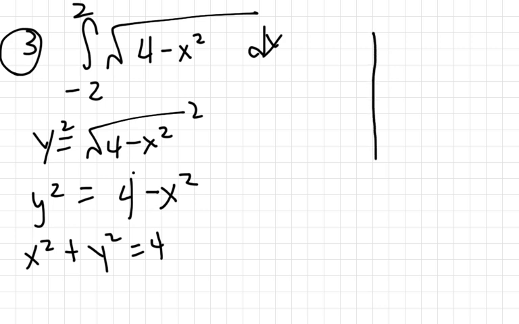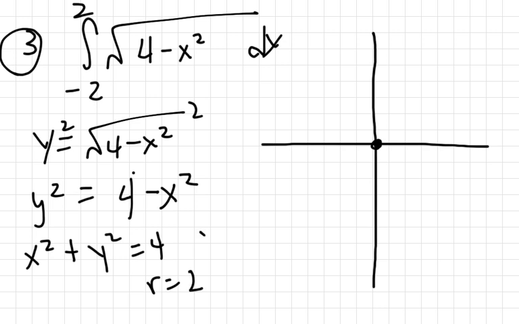And the circle is centered at the origin and it has a radius of 2, because if you'll remember the formula was x squared plus y squared equals r squared. So the radius is 2.